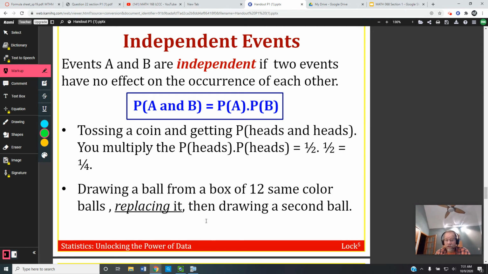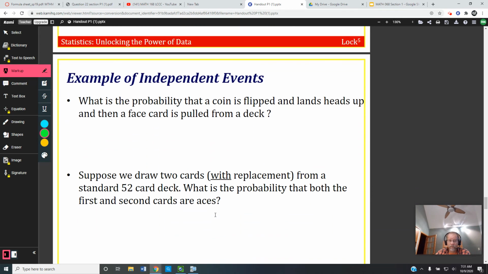When the lottery draws a number and they keep that ball, they have modified the events of all the balls that are remaining inside of there. So the chances have actually changed of getting another value when that ball is gone. When you replace something, you don't modify the chances. When you don't replace something, now you've modified the chances of something taking place. Independent, you keep replacing. Dependent, you don't replace.